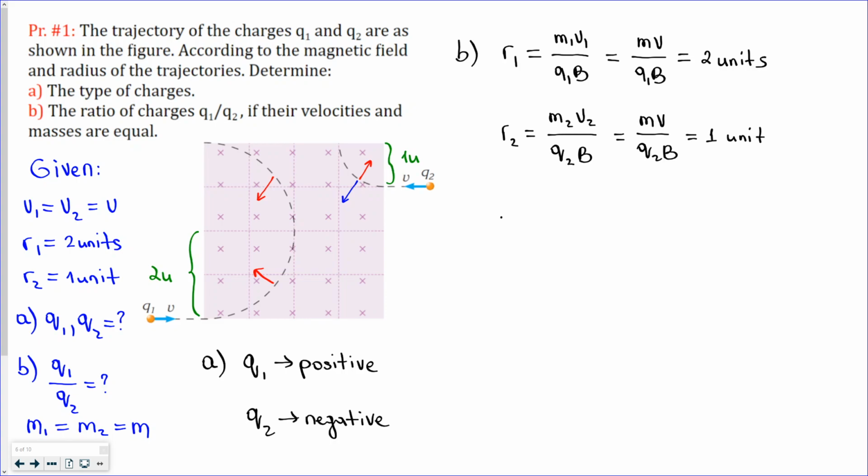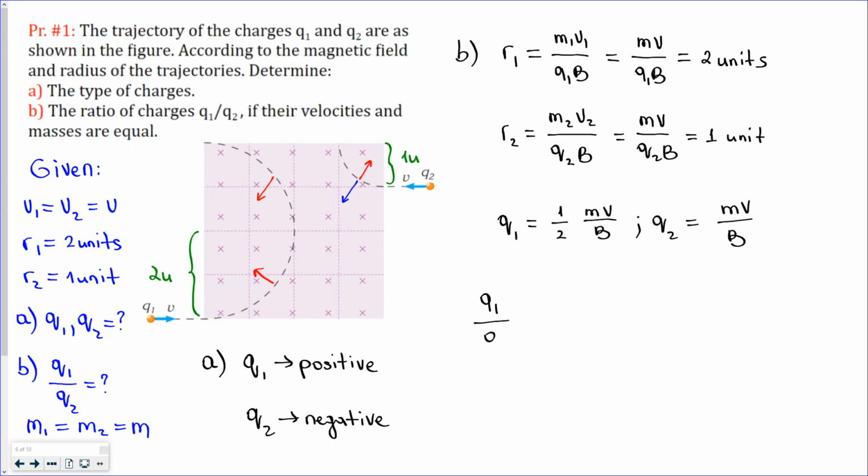So from these two equations, Q1 is equal to 1 over 2 of mv over B, and Q2 is equal to just mv over B. Let's find the ratio.